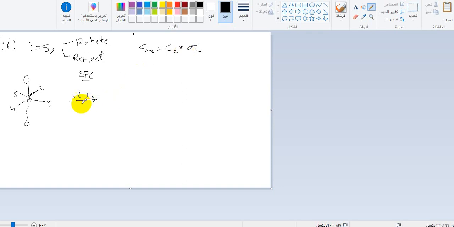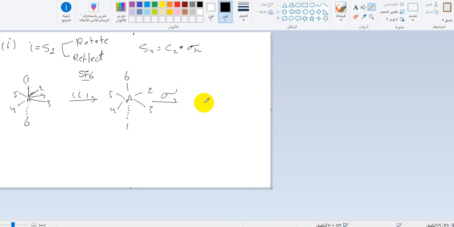For C2, from here, one is coming in the place of the 6 atoms.